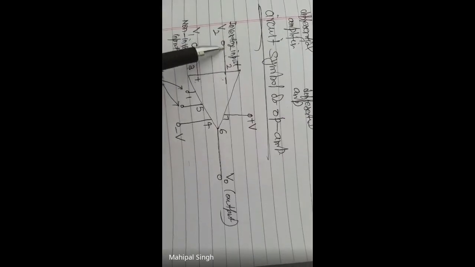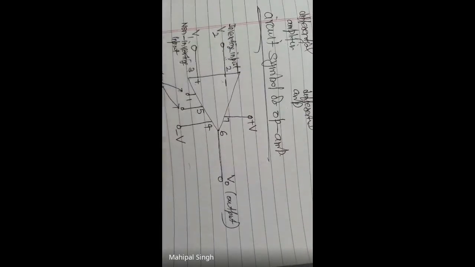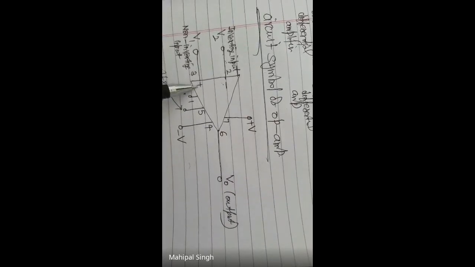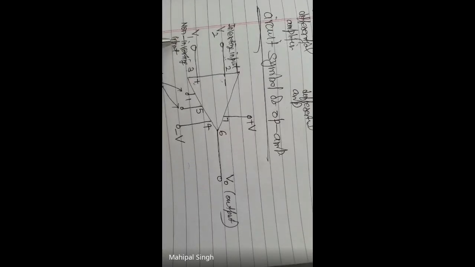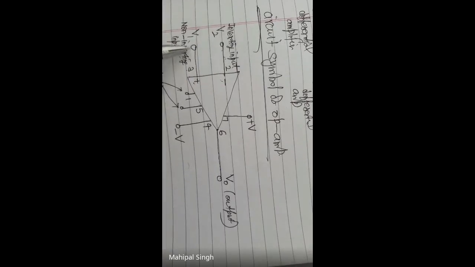Invert means it will create a 180 degree phase shift. We can say that the terminal labeled positive is the non-inverting terminal, so it will not invert the signal, but the other will invert the signal.